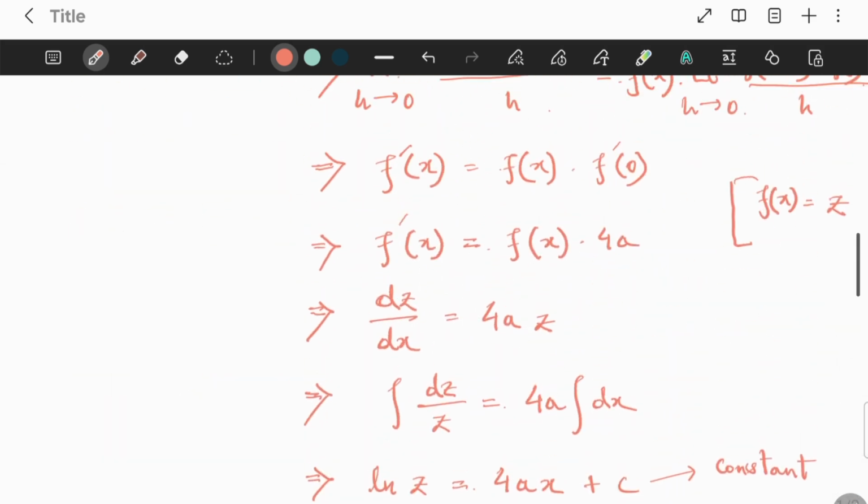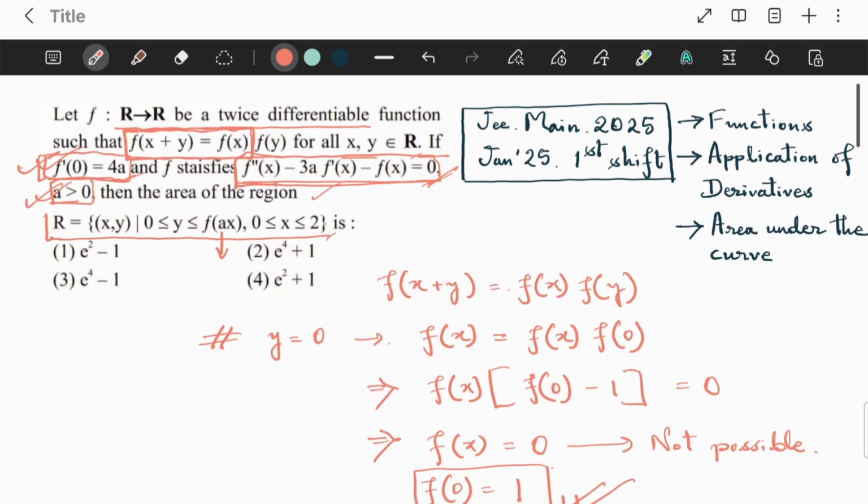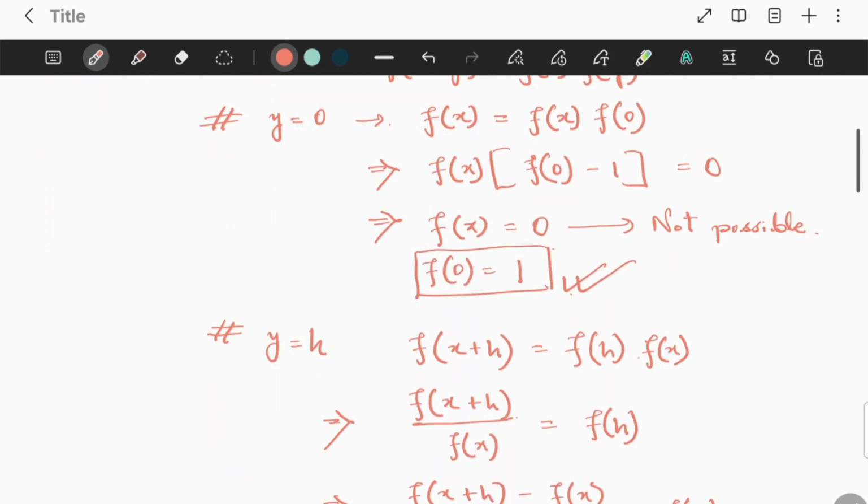Now what did we say? The third part is the actual answer that was asked in the question, which is the area. And the area has to be the function y which ranges from 0 to f(ax), and that also with a bound of x from 0 to 2.